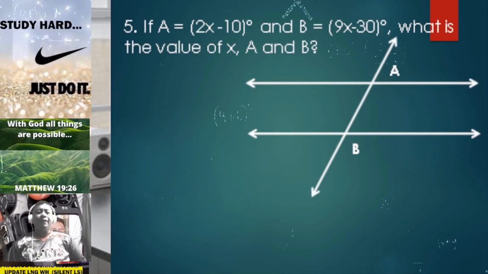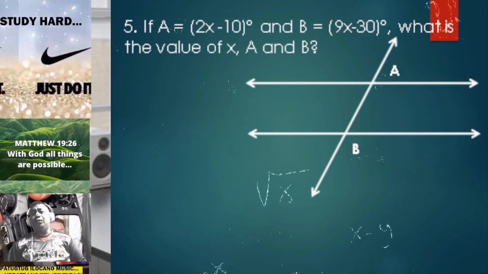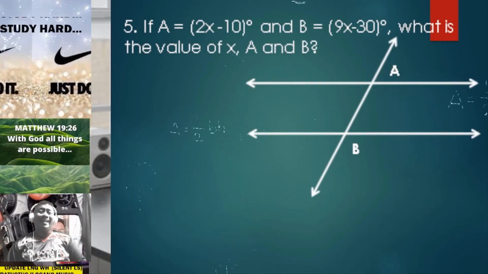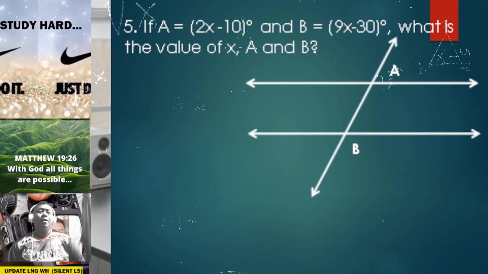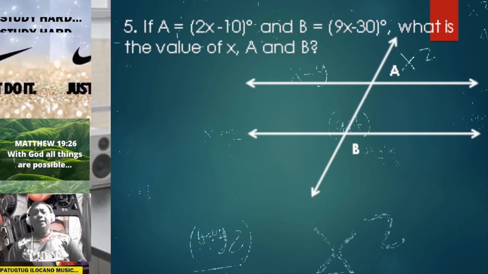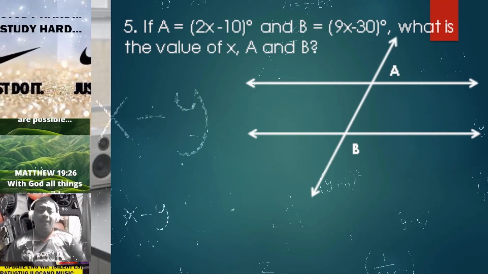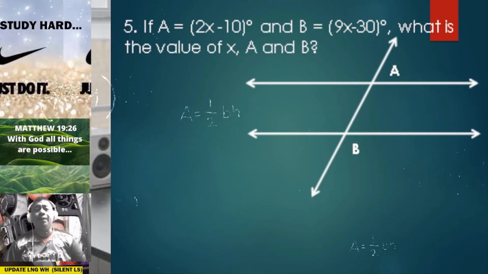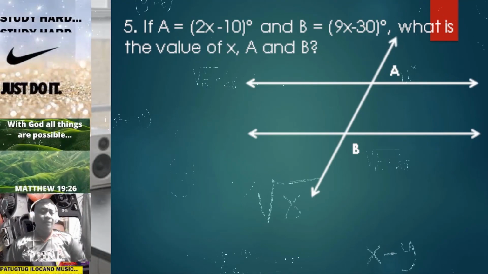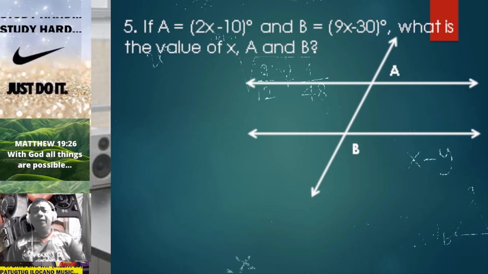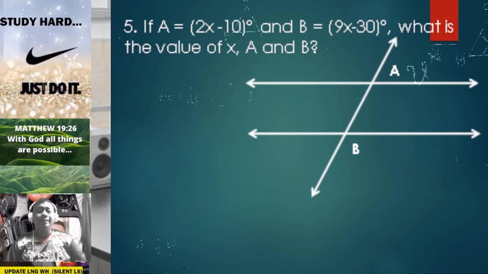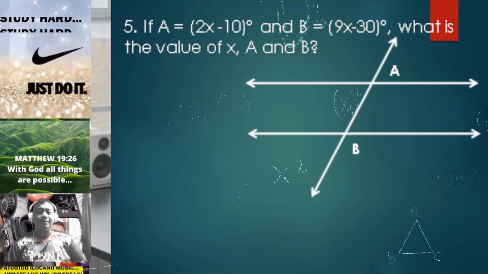Number 5. If angle A is equal to the quantity 2x minus 10 degrees and angle B is equal to the quantity 9x minus 30 degrees, what is the value of x, angle A, and angle B? The first thing we have to do here, class, is to determine the relationship between angles A and B. As you can see in the given figure, angle A and angle B are same side exterior angles.